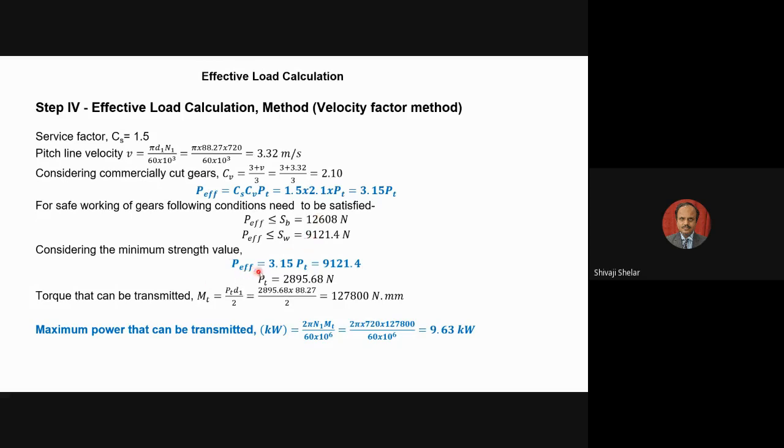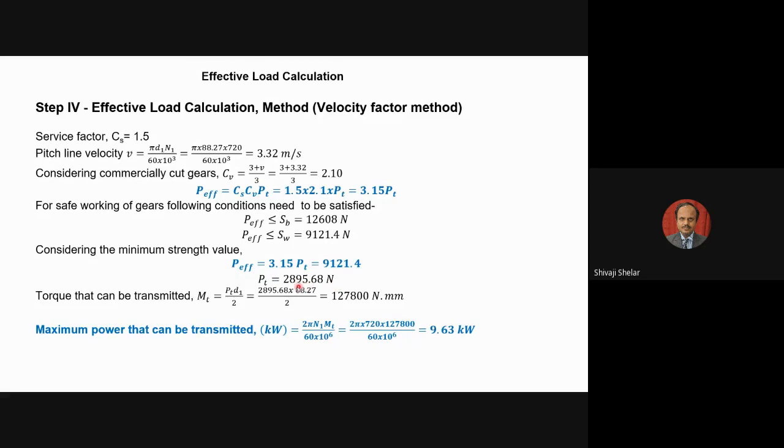So P effective, 3.15 PT, should be equated to this value, because of the less-than-or-equal-to sign. I am using the limiting condition, that is equal to 9121.4 Newton. From this, you can calculate the PT value, which comes out to be 2895.68 Newton. This is your tangential load acting on the pinion as well as the gear at the pitch point.